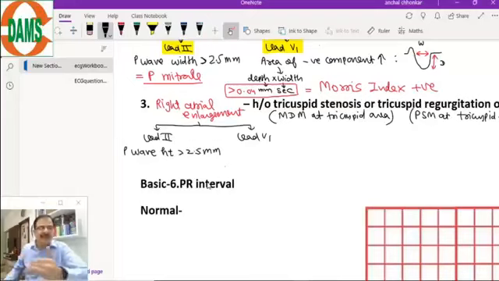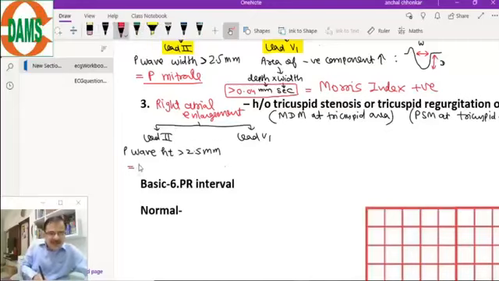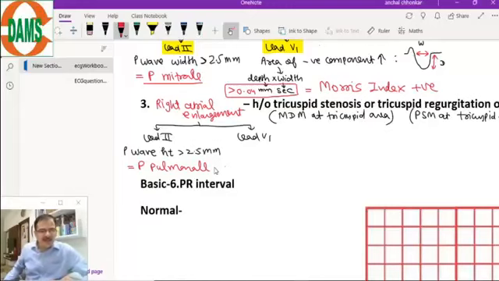The main cause, rather than tricuspid stenosis or tricuspid regurgitation, is COPD induced cor pulmonale. Therefore, this sign is known as P pulmonale. So this sign, P wave height more than 2.5 mm, is P pulmonale.